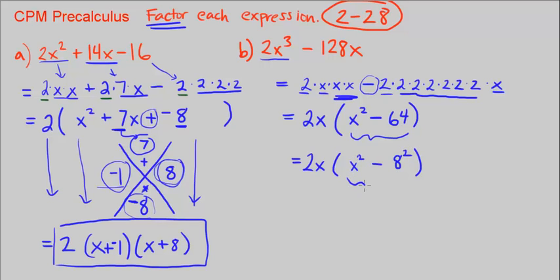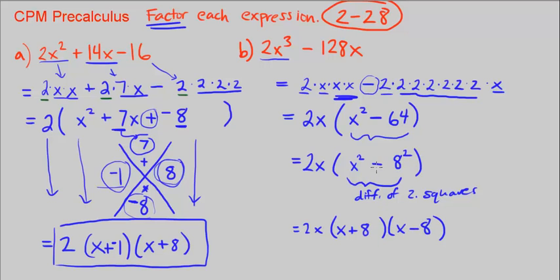Now I can see that this is the difference of two squares. That allows me to factor it as x plus 8 times x minus 8, because I'm taking what is squared here, adding it to what is squared there, and then subtracting.